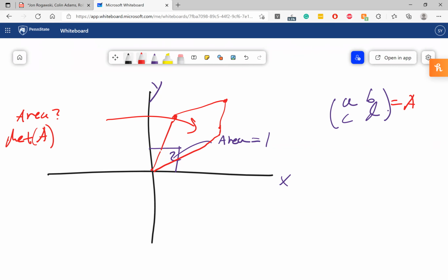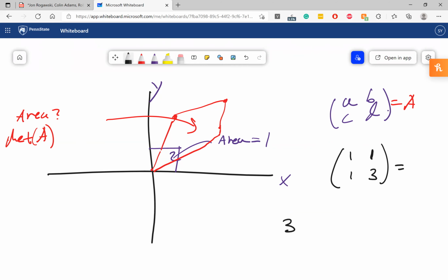So for example, if your linear transformation was 1, 2, 1, 1, your determinant is going to be 1 times 1 minus... I don't want to do negatives, and I don't want the determinant to be 1. So let's say 1 times 3, and then let's have a 1 here.